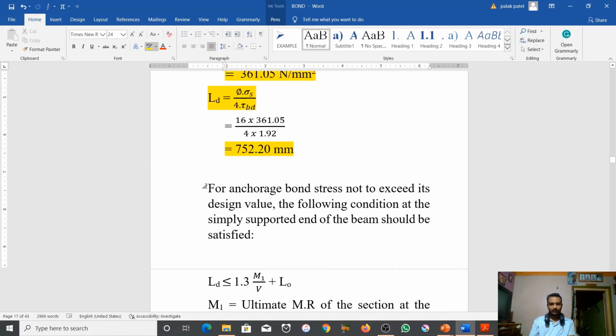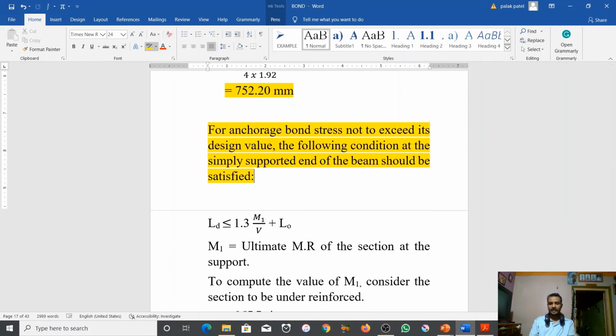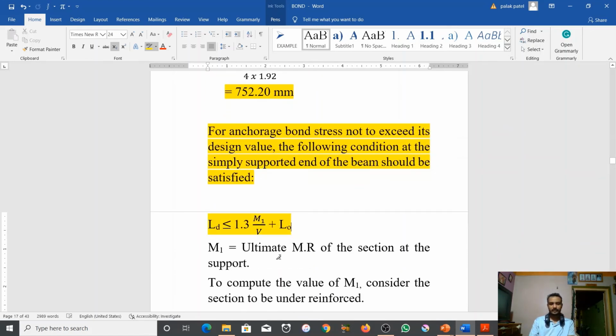Then we have a note: for the bond stress not to exceed the design value, the following condition at the simply supported end of the beam should be satisfied. LD is less than or equal to 1.3 M1 upon V plus L0.